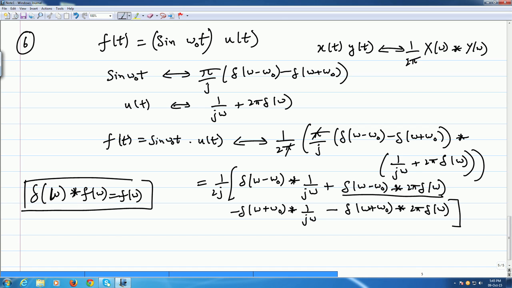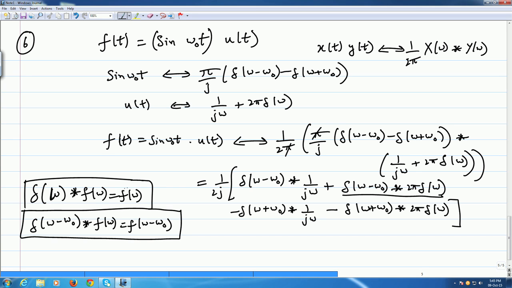So one uses that property first, and then what is the other property you can use? Delta of omega minus omega naught convolved with any f of omega will become f of omega minus omega naught. Okay, so these are the two properties that I am going to use here. You can use the first property here and here. You can use the second property here and here.